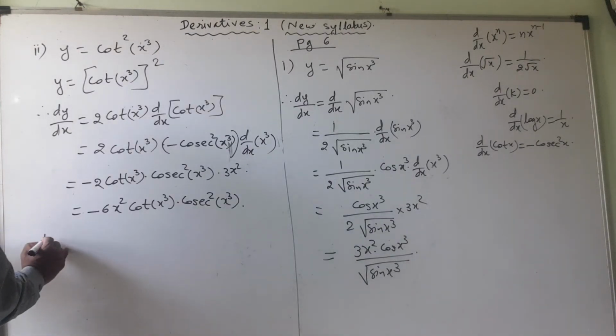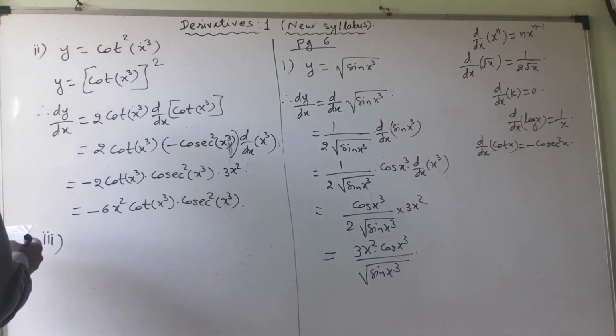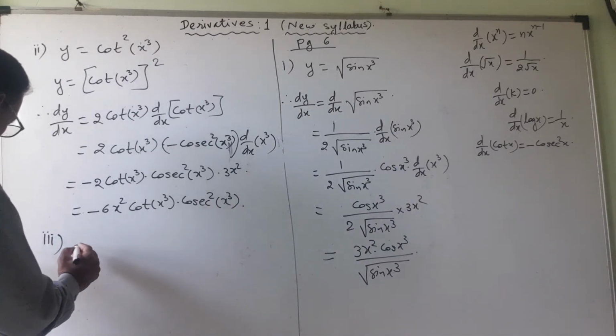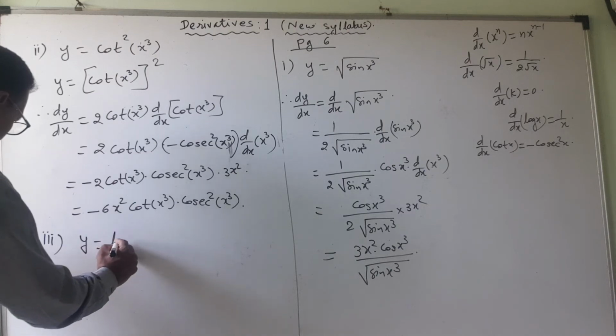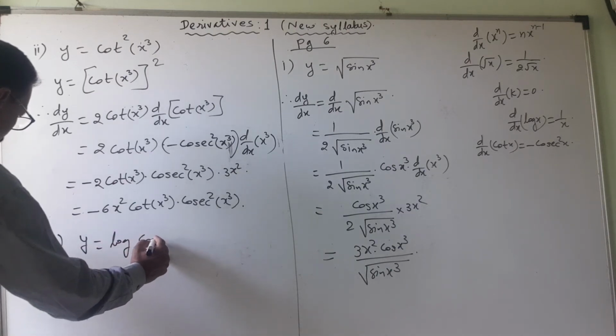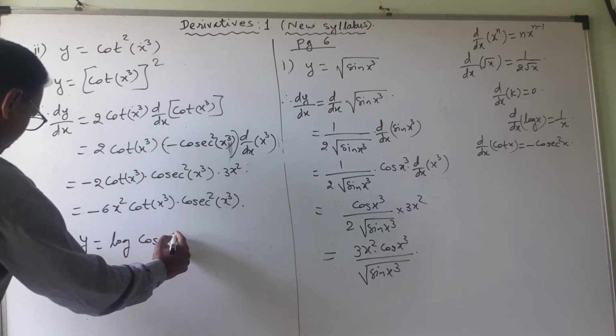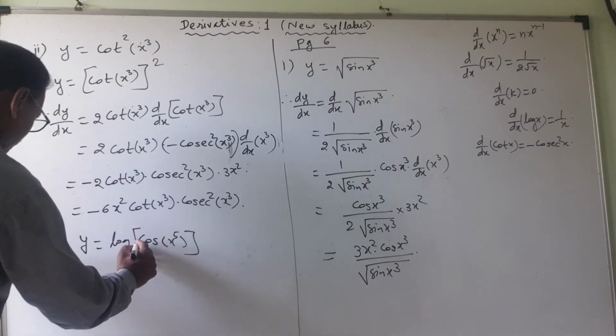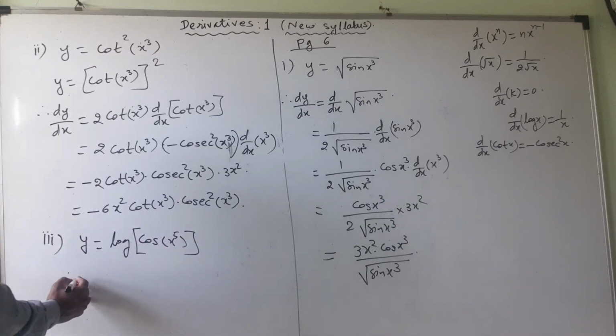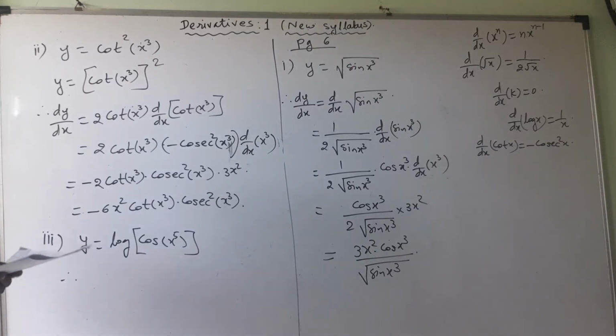The third sum on page number 6. Y is equal to log of cos of x raised to 5. Therefore, here you have to write differentiating with respect to x. I am not writing.